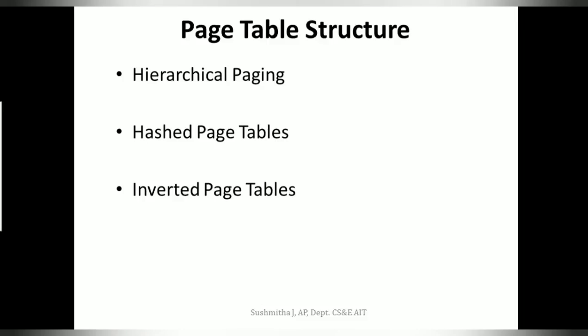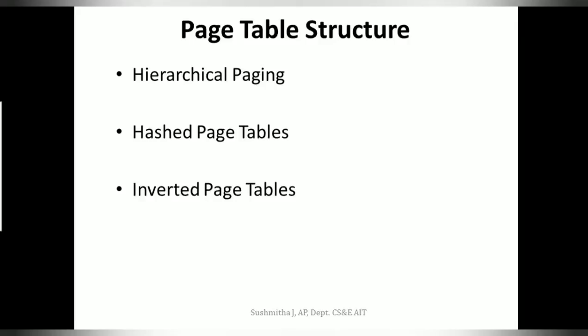The next thing that we have is about the page table structure. Now we have seen what a page table is, what the purpose of the page table is, and we have addressed the issue of addressing the page table and how it is resolved. We have discussed the additional protection or the additional bit fields that we can have in the page table.